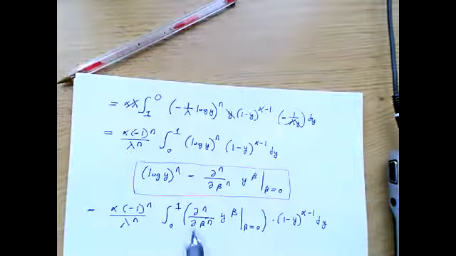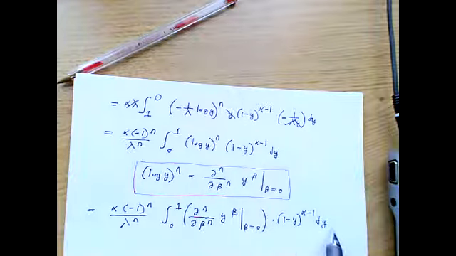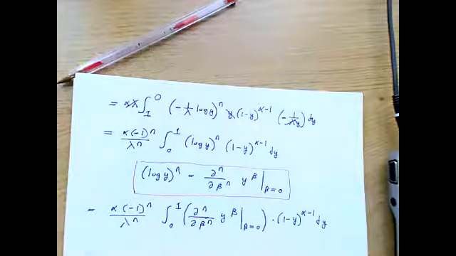And in the next step, I'm going to take the derivative operation outside the integral, and also I'm going to take the setting of beta equal to 0 outside. So you will get the following.